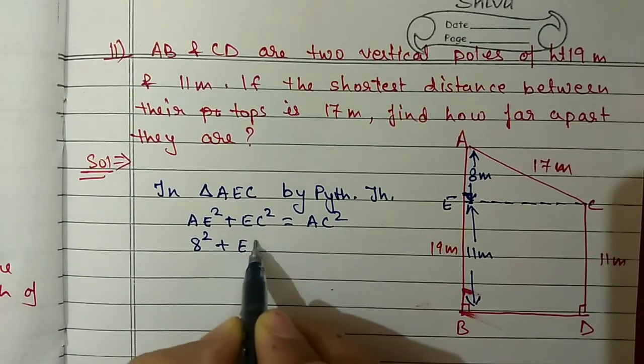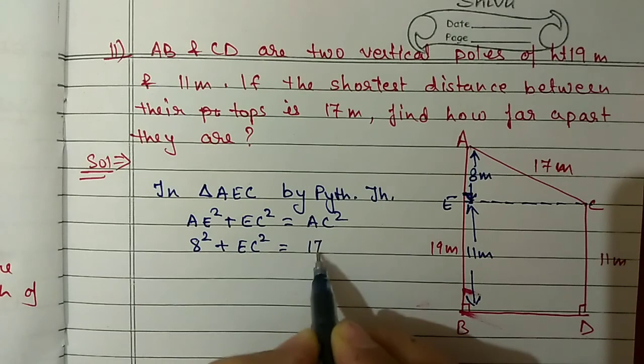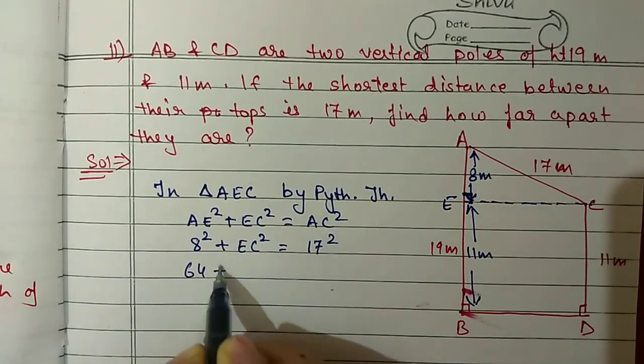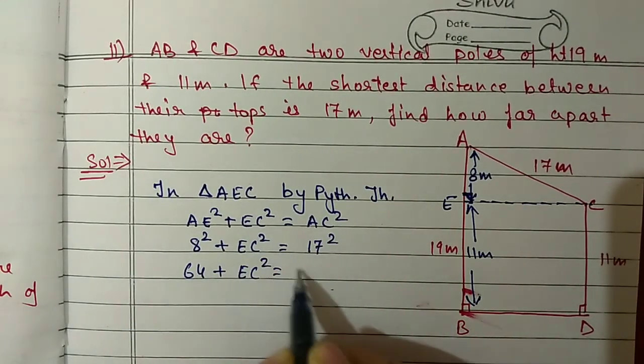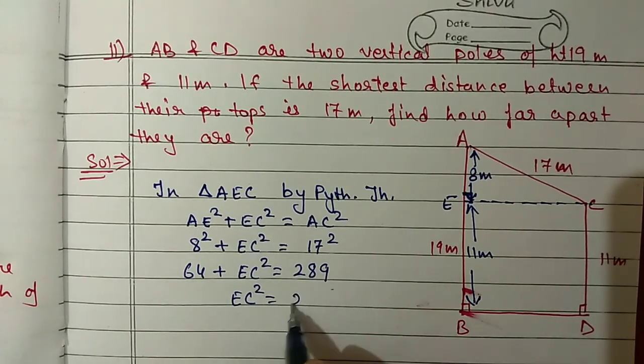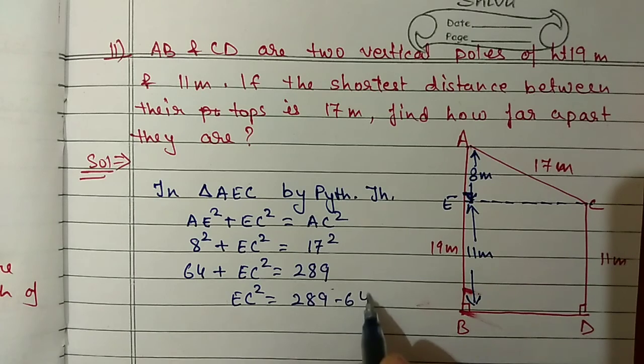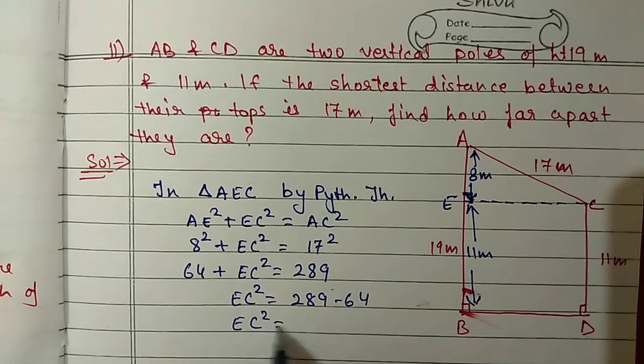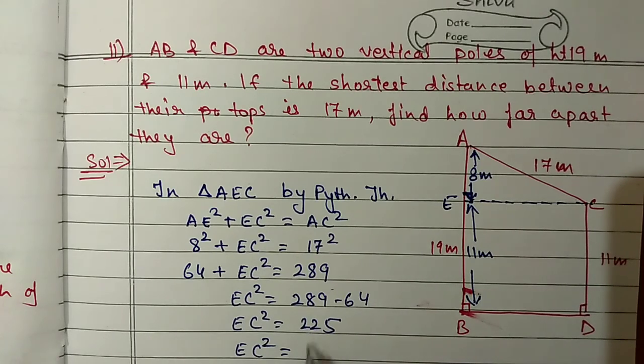EC we have to find out, and this is given 17. 64 plus EC square equal to 289. So EC square equal to 289 minus 64, which you will get 225, and 225 is perfect square of 15. So EC will be 15 meter.